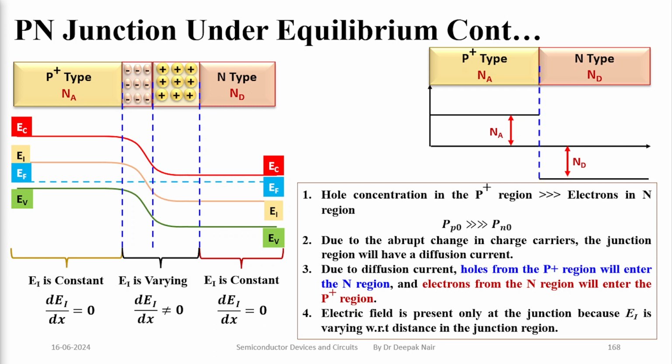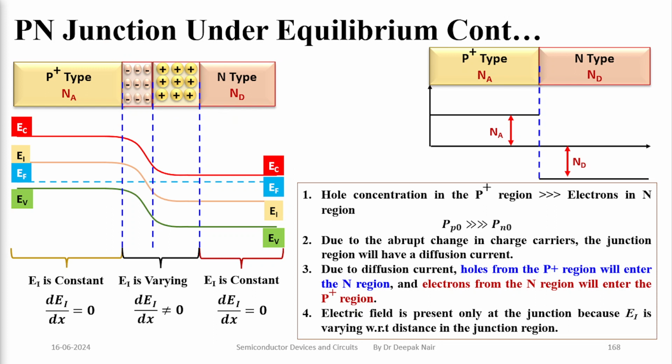Due to diffusion current, the holes from the p plus region will enter the n region, and similarly the electrons from the n region will enter the p plus region. So holes will enter towards the n region and electrons will enter towards the p region, generating this barrier.